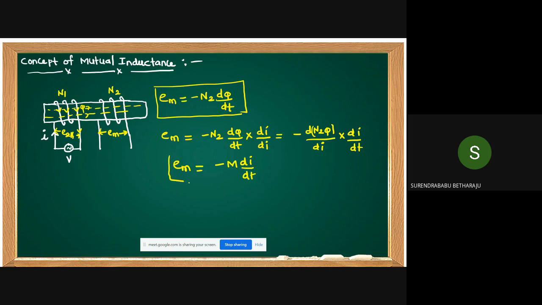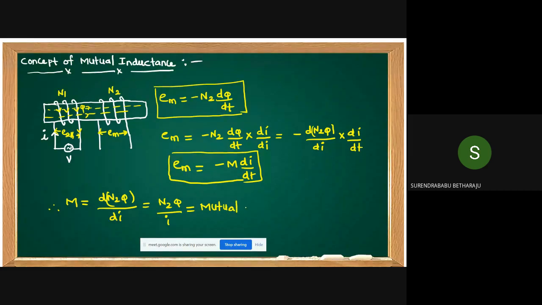Yes, friends, this is the mutual induced EMF. Then what is M here? M equals d(N2 phi) by di, or simply you can write N2 phi by I. Okay, this is the mutual inductance.